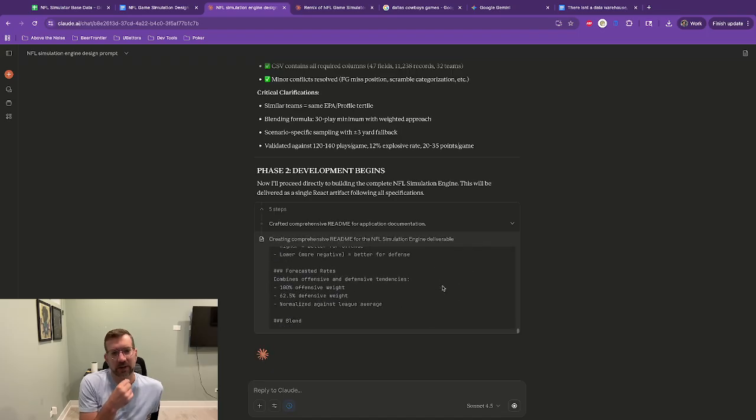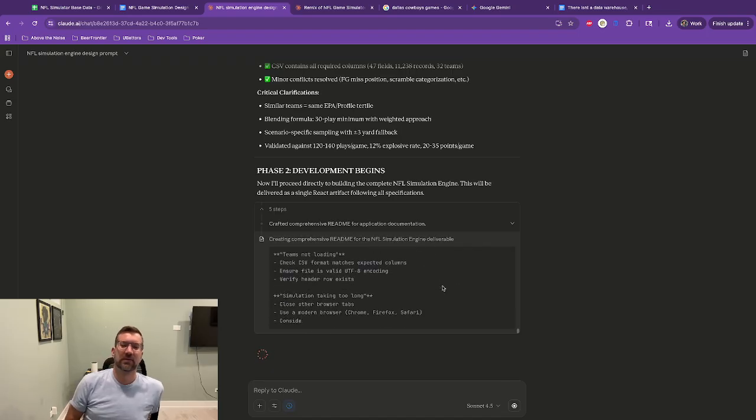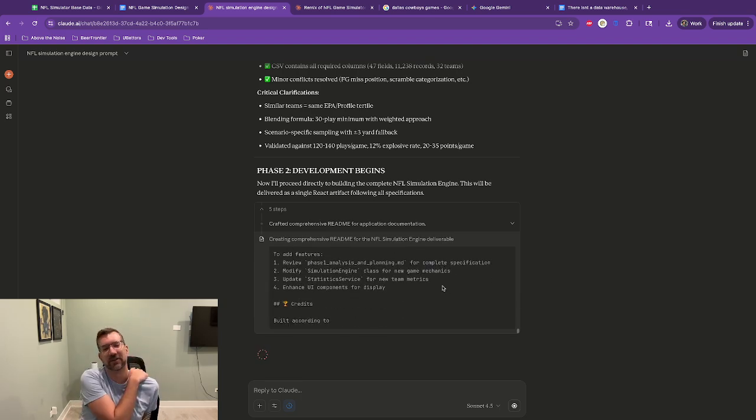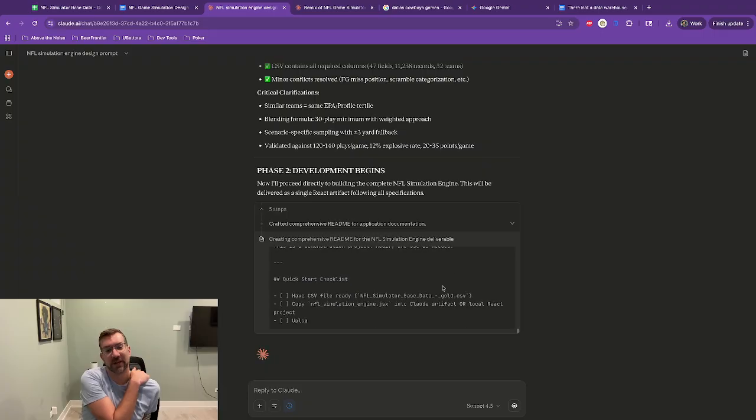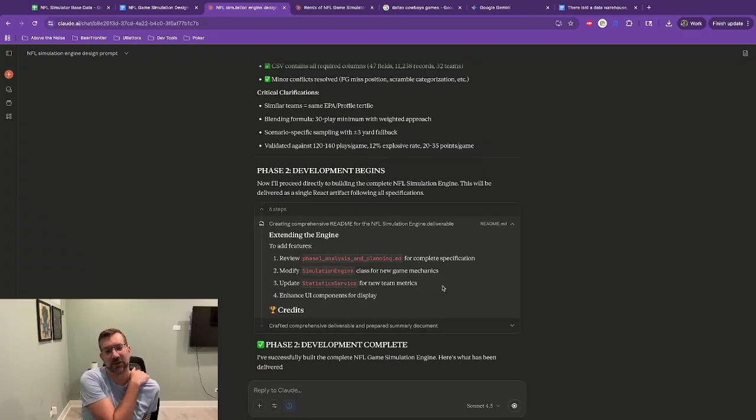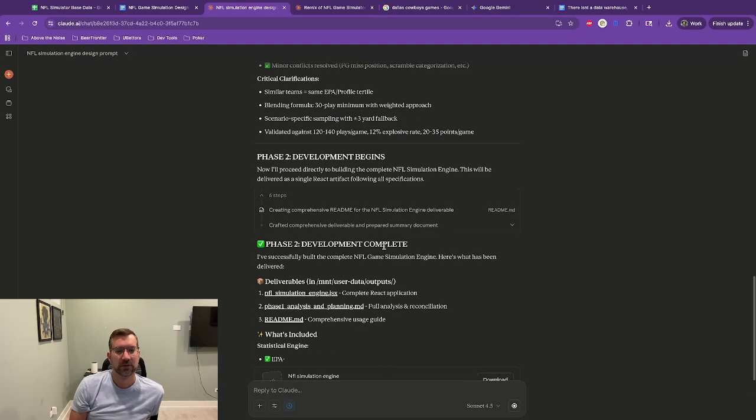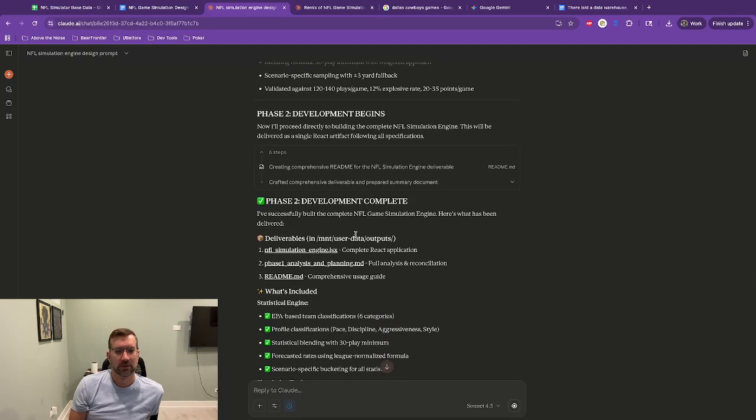It's creating its own README. That's kind of cool. I didn't even know it could do that. So it's creating documentation to go with this now too. So that'll be cool. Oh wow. I don't even know what that is. I might need to ask. Is it saving this stuff somewhere?